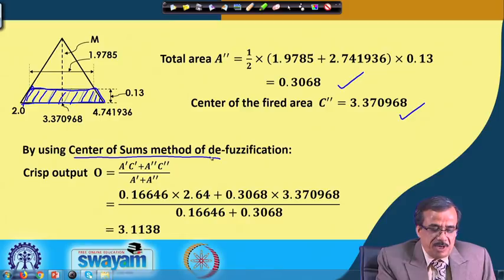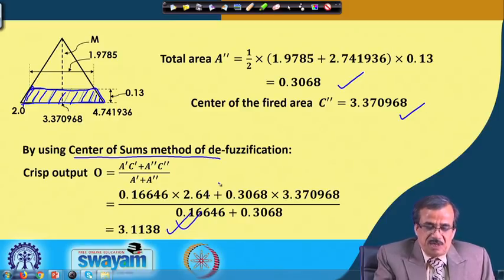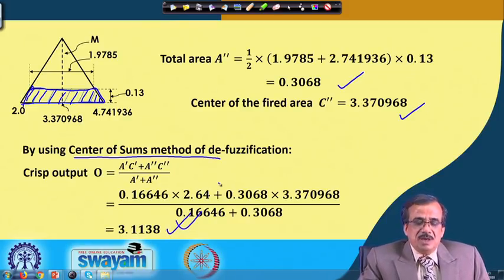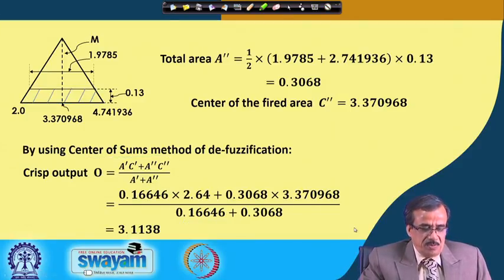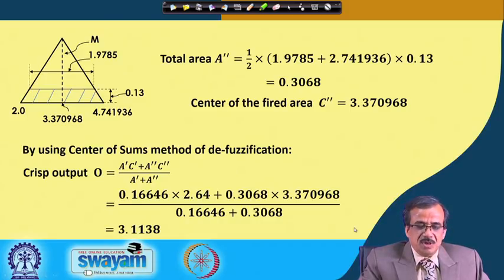If we follow the principle of the center of sums method, very easily we can find that this will be the crisp output.